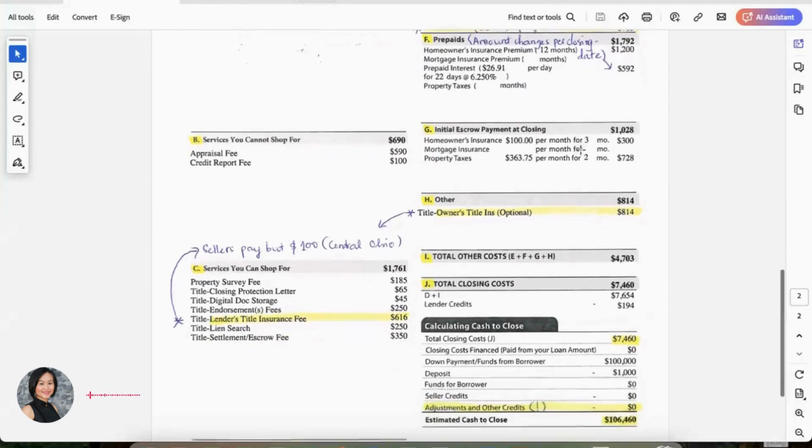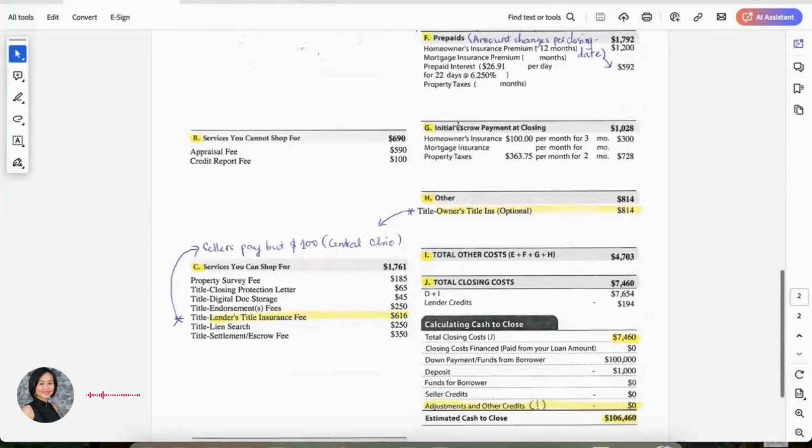Now, block G is escrow. So every month when you pay a chunk to the lender on the monthly payment, it covers the property tax and insurance too, on top of the principal and interest. The property tax and insurance would be put into an escrow account.